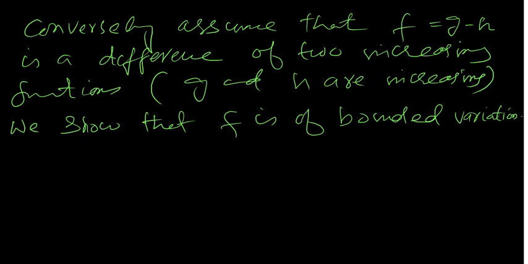So therefore we have to find its total variation actually. In order to find its total variation, we need to find its set of variations. So to find its variations, we choose any partition.